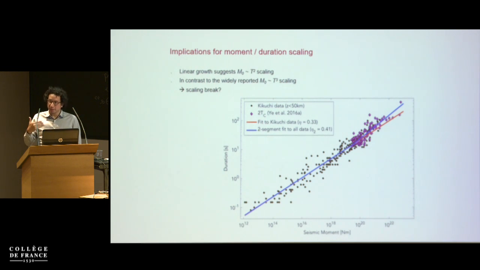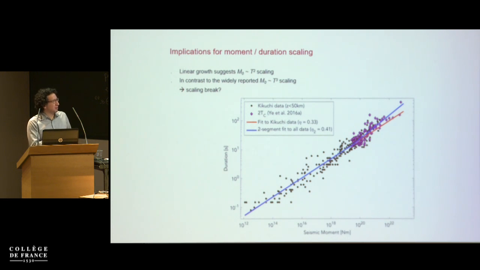But the classical scaling is one in which the seismic moment is proportional to the duration of the earthquake to the power 3, cubed. So somewhere in between the small earthquakes, smaller than magnitude 5 or 6-ish, that behave more similarly, and the large earthquakes above magnitude 7 that we have analyzed here, somewhere there's a break in scaling.